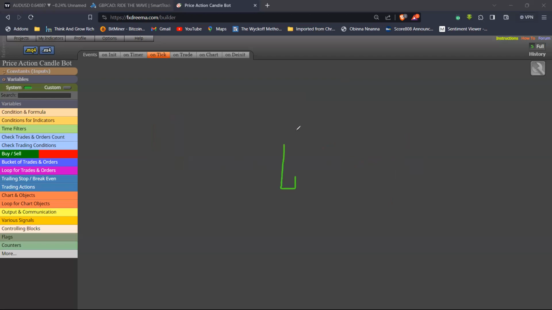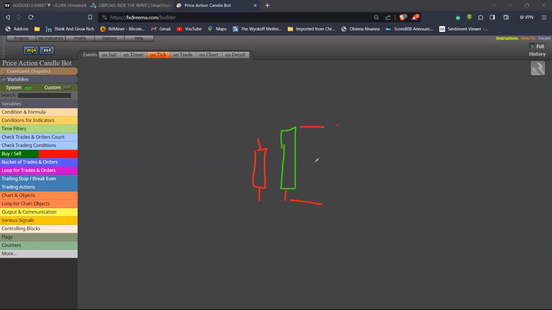If this is our bullish engulfing candle, and this is the previous bearish candle with the highs included, and this formation is met, we want to open a buy here. Our stop loss we want to keep below the low. This candle might have a wick like this, and we want to keep our stop loss at the low of this candle. This will be our entry price.